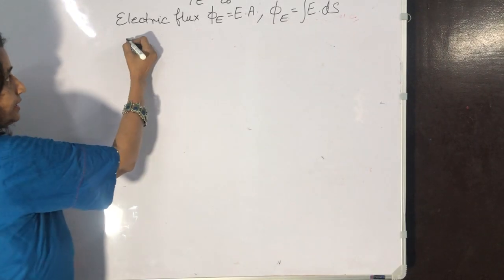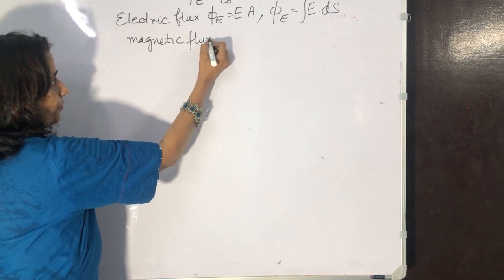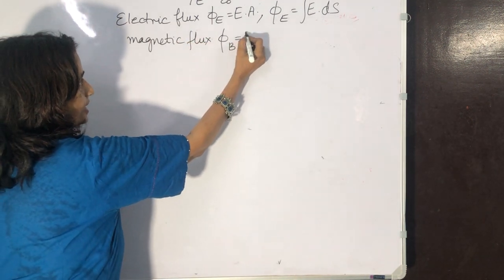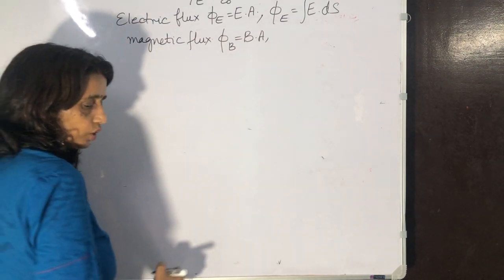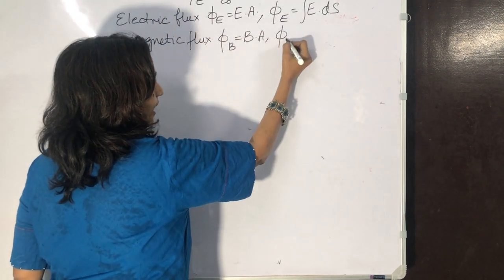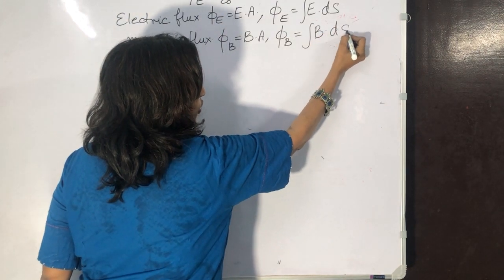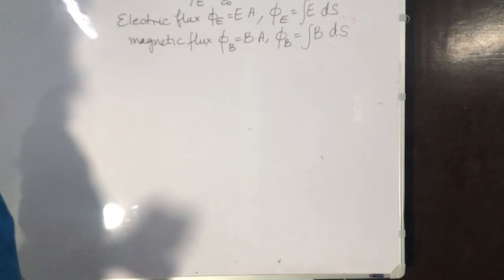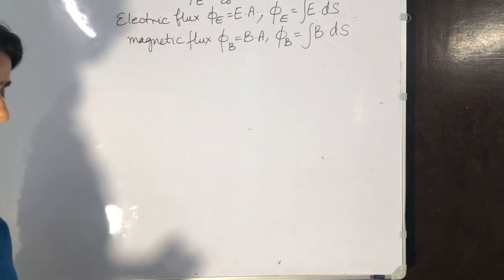Magnetic flux, phi b is equal to B dot A. You can write this also in integral form as phi b is equal to integral B dot ds, where ds is the surface or the area in integral form.